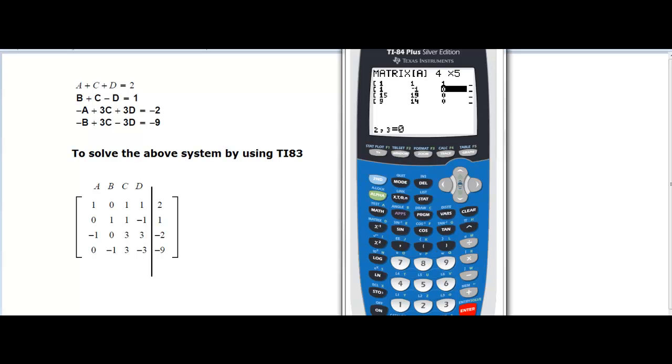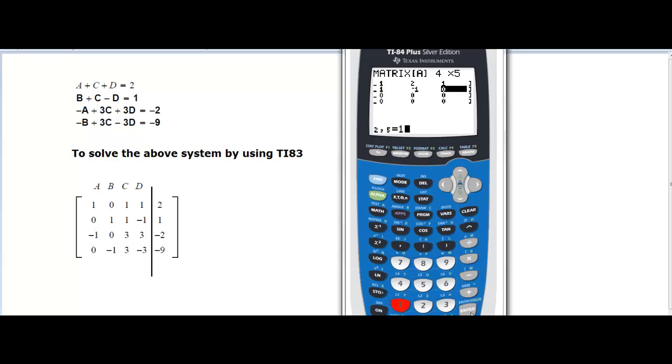And then who is the next one? Negative 1, 0, 3, 3. Okay, I think I messed up here. 0, 1, 1, negative 1, and the last one is 1. Oh no, excuse me, I made a mistake. Just a second. Here I should have had 0, right? 0, 1, 1, negative 1, and then 1.